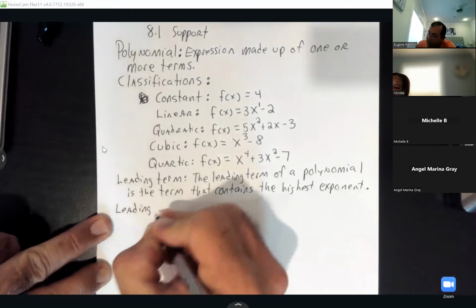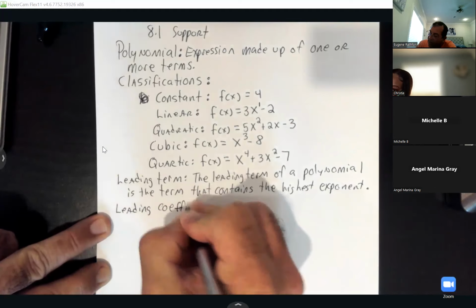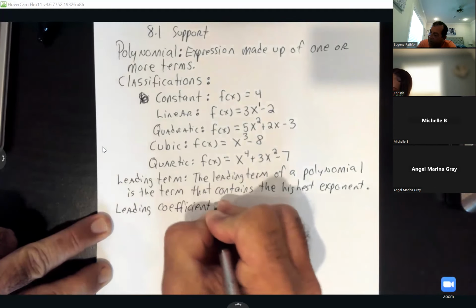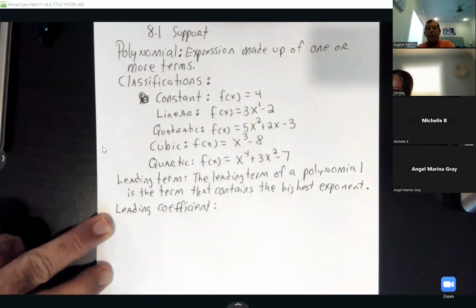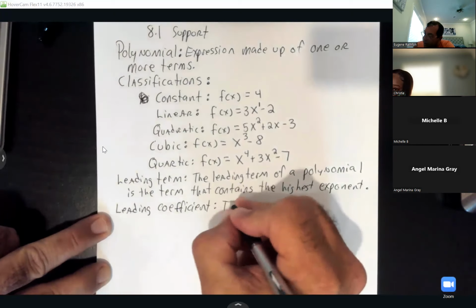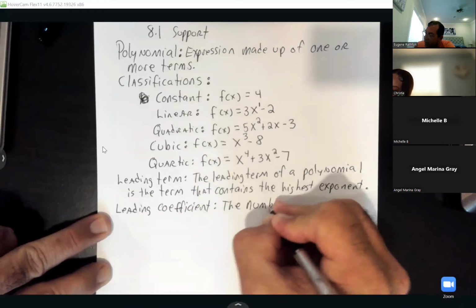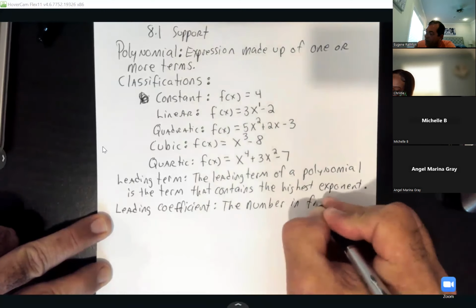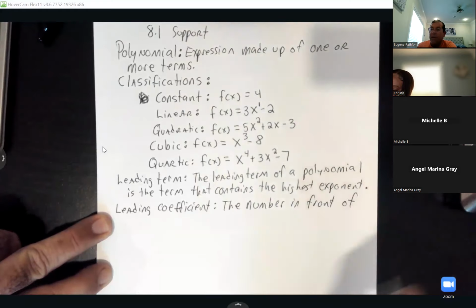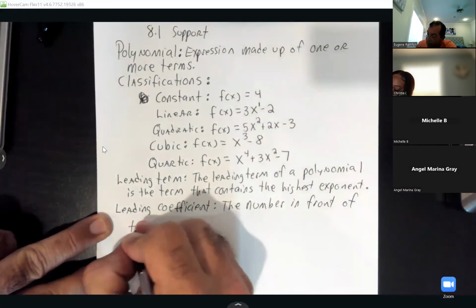So the leading coefficient, well y'all, the leading coefficient is the number in front of the leading term.